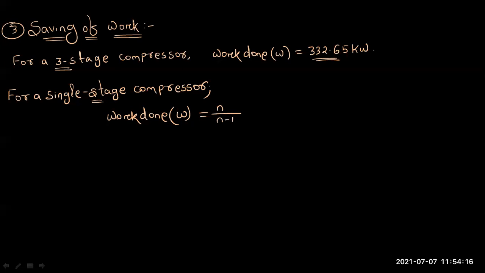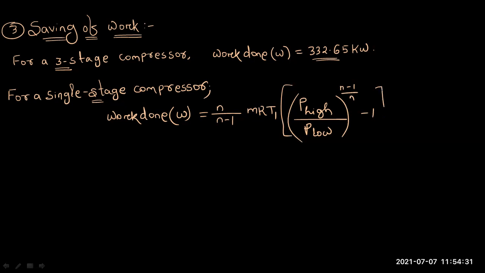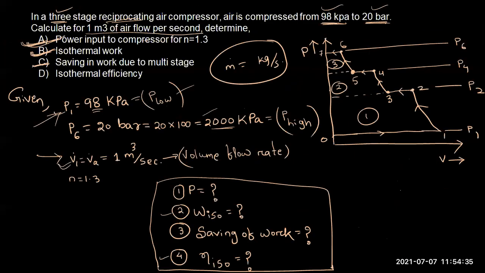N divided by N minus 1 times MR T1, times pressure ratio P high divided by P low to the power N minus 1 by N, minus 1. Single stage means these intermediate stages will not be there.